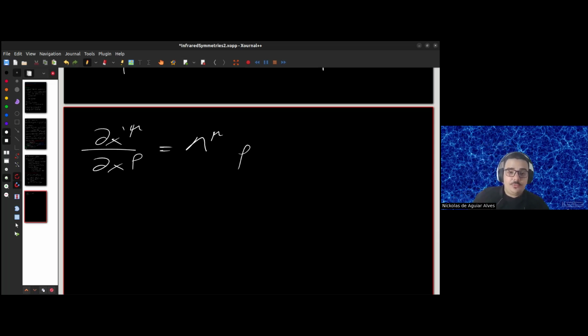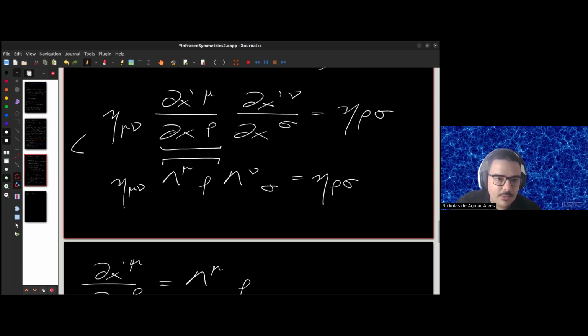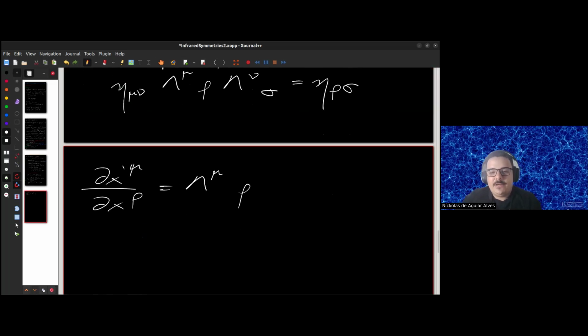So the most general coordinate transformation that has this property is going to be a coordinate transformation that satisfies this differential equation. I am not assuming here that the coordinate transformation must be linear.